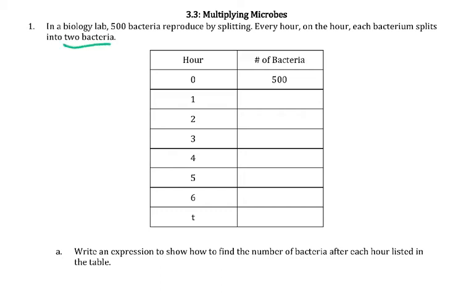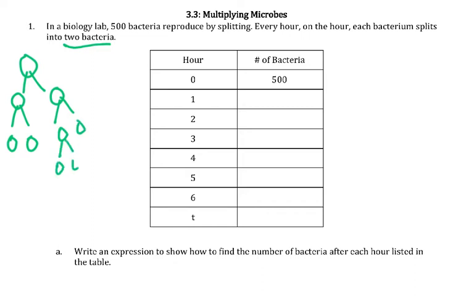So remember when we did the bacteria at the beginning, when we did lesson 1. So I've got one bacteria that splits into 2. And it keeps going. This bacteria then splits into 2. Each bacteria splits into 2. They keep growing by 2.